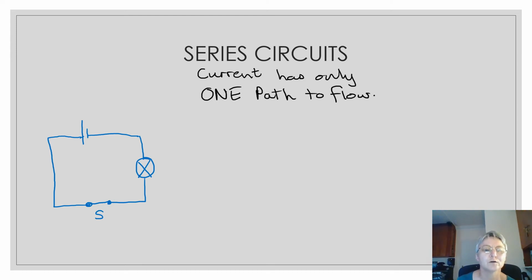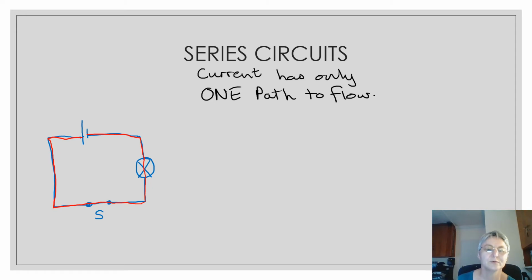So if we go from the positive terminal of the battery and we follow the wire, the conductors, there is only one path for the current to move. So here it comes to the light bulb, it moves through the light bulb and it goes back to the battery.